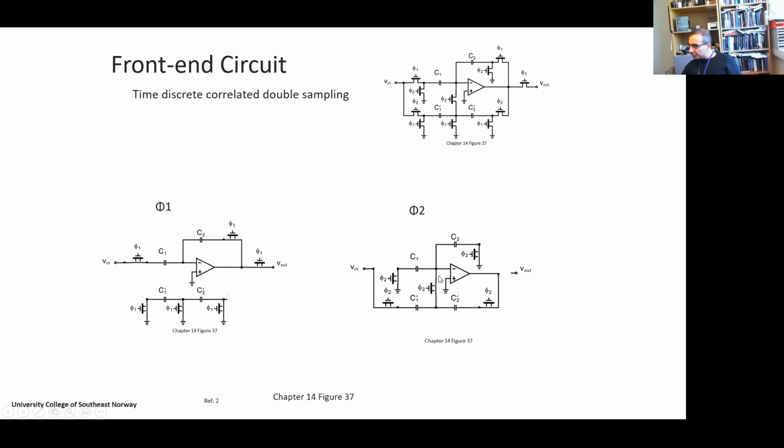But at this point, when the switches are this way, some of the unwanted values, the biases in the circuit from the amplifier, are being stored on this capacitor.